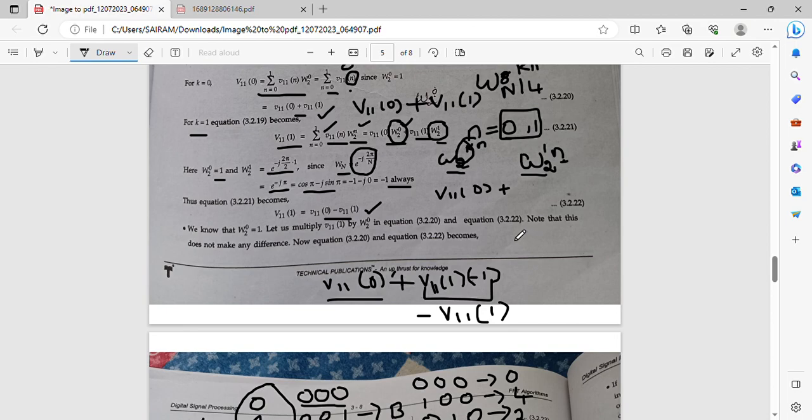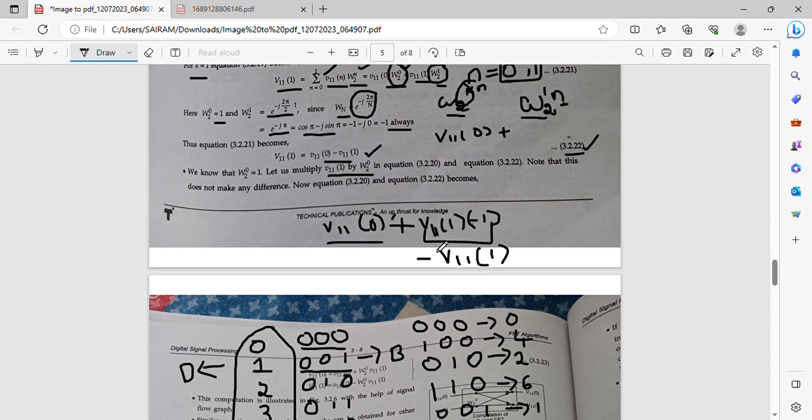So here, in this equation and in this equation, we are trying to multiply v11 by omega 2 to the power of 0. What are we doing? This equation whatever I have tick marked over here, you can see this equation and this equation. For this equation you are going to multiply v11 of 1 by omega 2 to the power of 0, right? And note this does not make any difference.